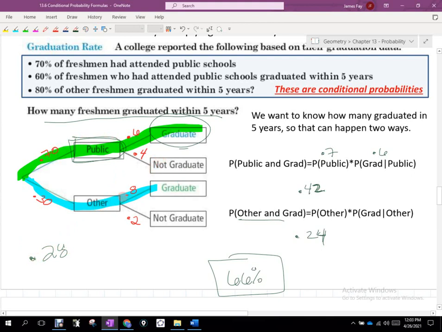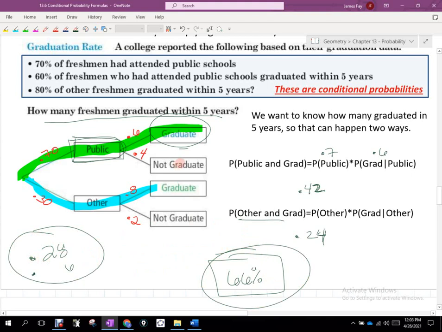What about other and did not graduate? 0.06. When I add those together, that's 34%, that's 66%, is that 100%?